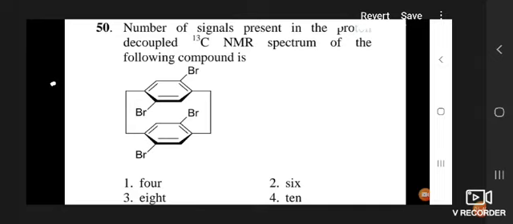So we will apply the symmetry concept to the given molecule.